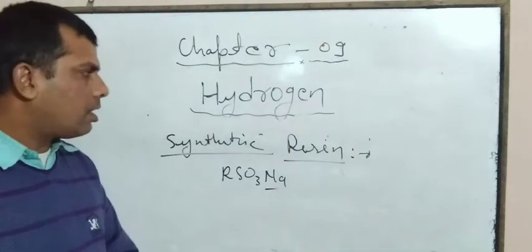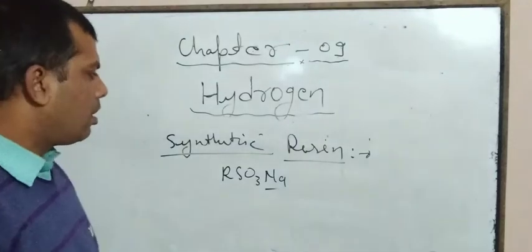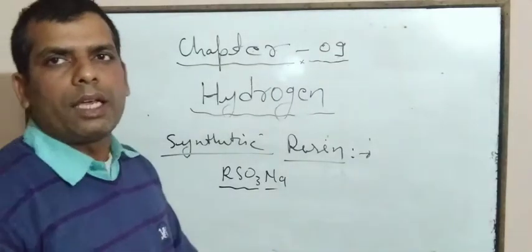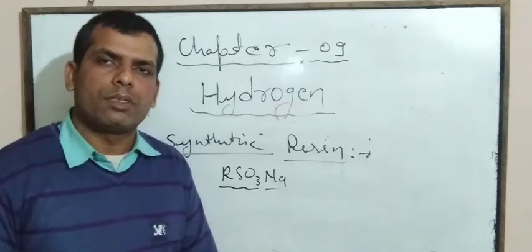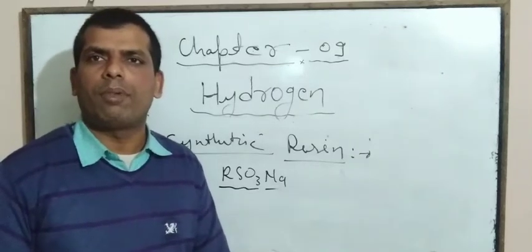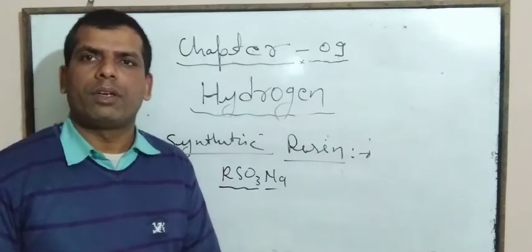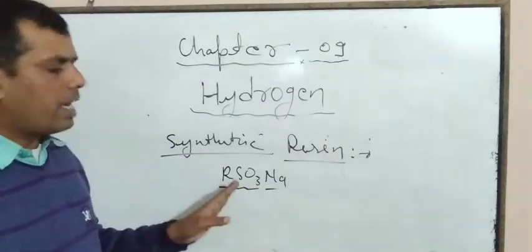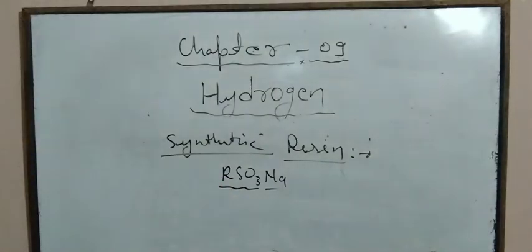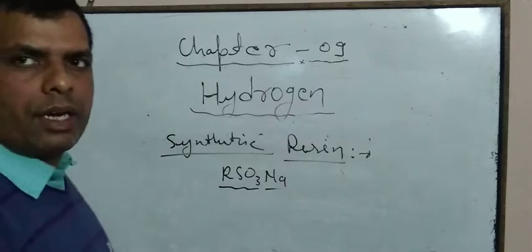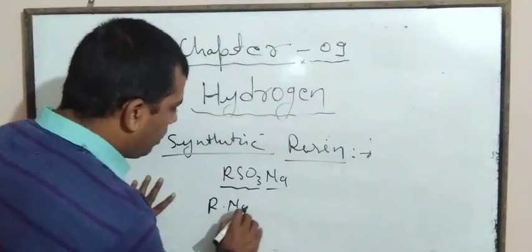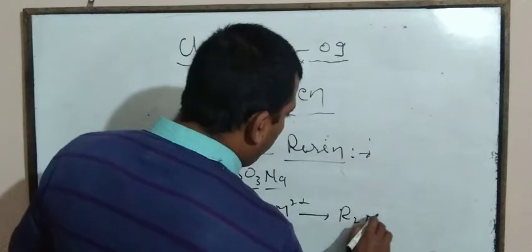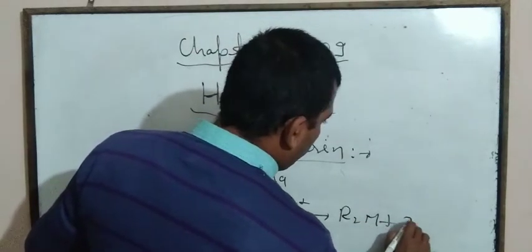When synthetic resin reacts with divalent cations like Ca2 plus or Mg2 plus, it forms R2M. RSO3Na is represented as RNa, and if it reacts with M2 plus, then it forms R2M plus twice Na plus.